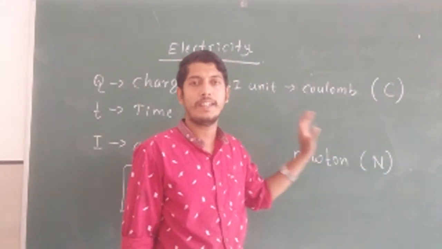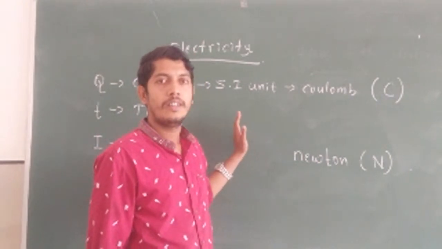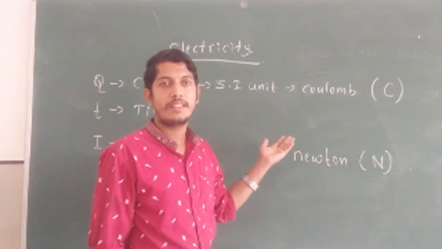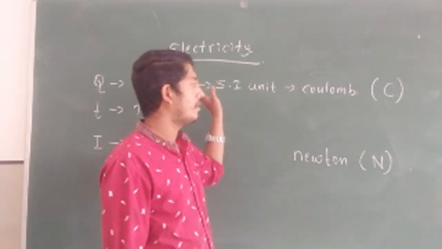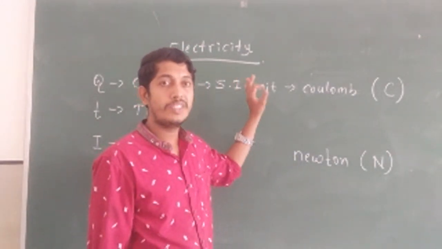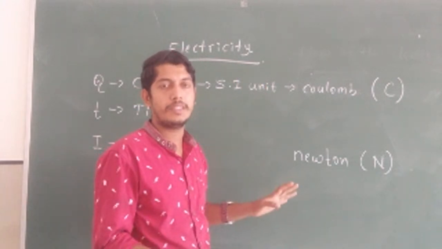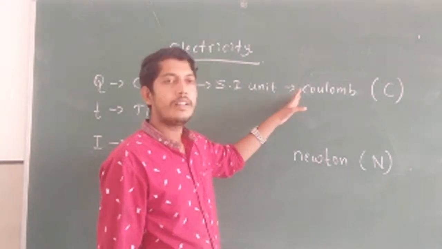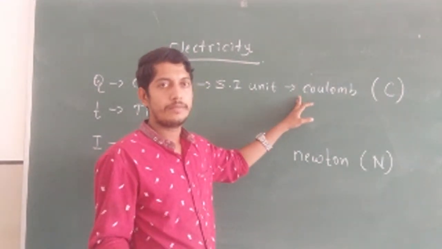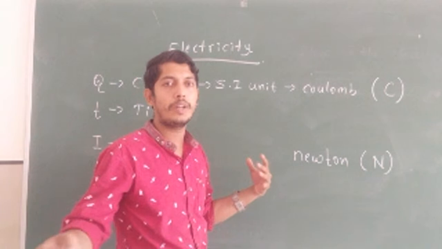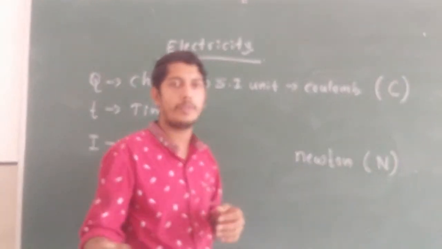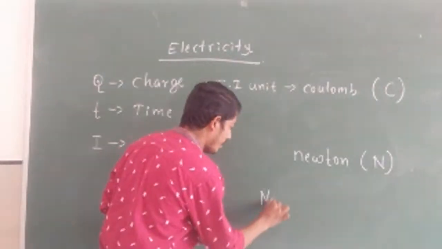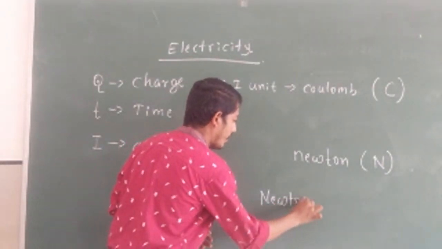Why? Because these are the names of scientists who discovered these terms, and the units were given their names. If you want to write the name of a particular person, for example Newton, you write it with a capital first letter.